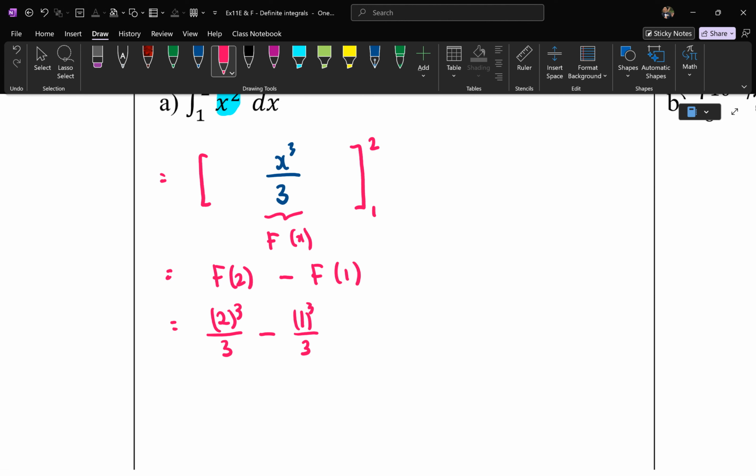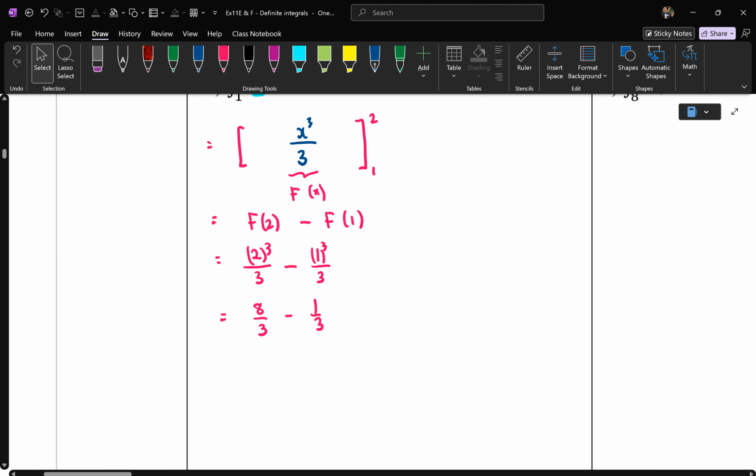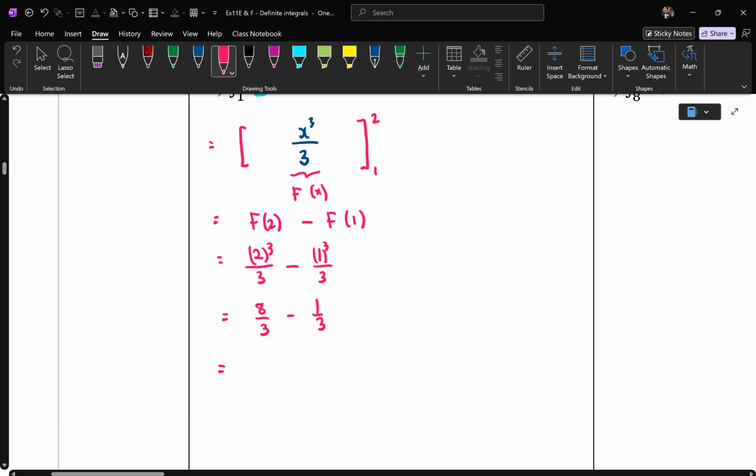Okay, using the fundamental theorem of calculus there. So let's simplify that. 2 cubed is 8 on 3. Take away 1 on 3.